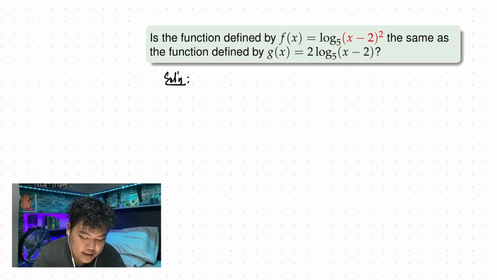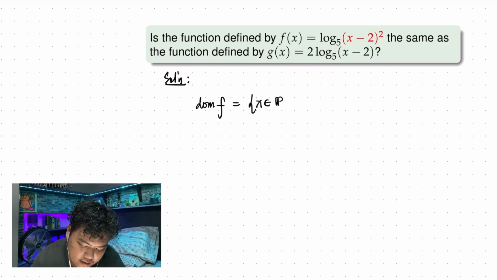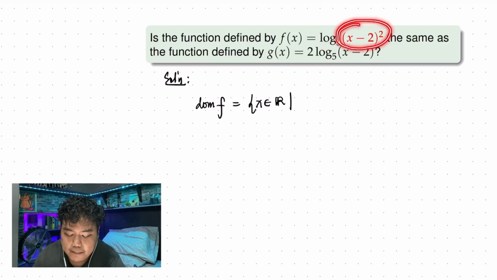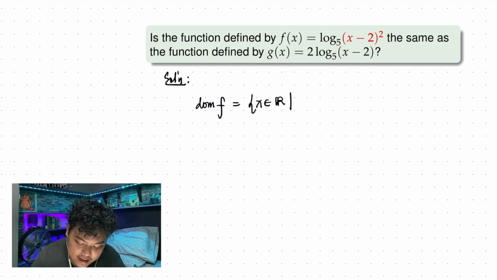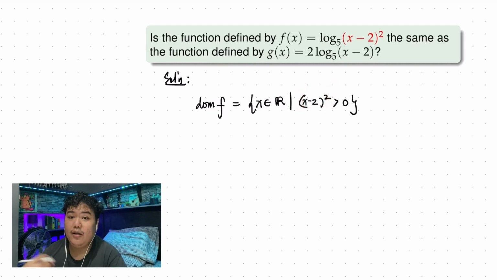So, check natin ha. What is the domain of f? The set of x in R such that, diba kapag nagpapasok ka ng something sa log, dapat yung pinapasok mo ay positive. So, dapat this x minus 2 square is positive. But x minus 2 quantity square is already non-negative.